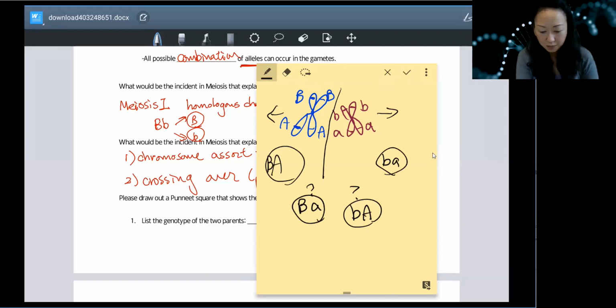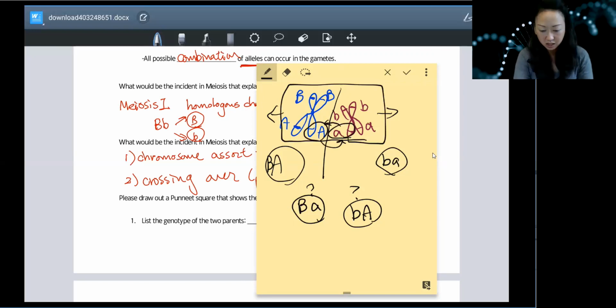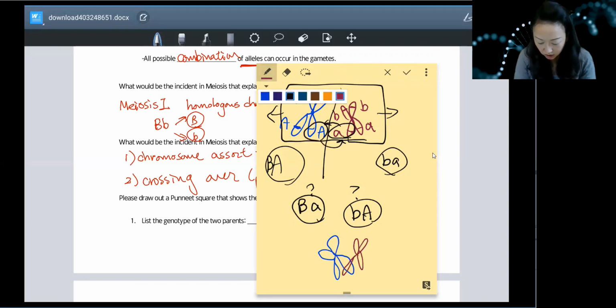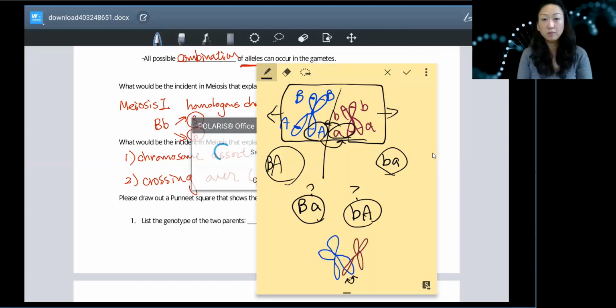So remember what happens in crossing over. You got the tetrad lining up together in prophase 1, and you can have non-sister chromatids exchange genetic material. So let's draw that out. What happens is you got a tetrad where homologous chromosomes can line up and actually exchange genetic information between the two.